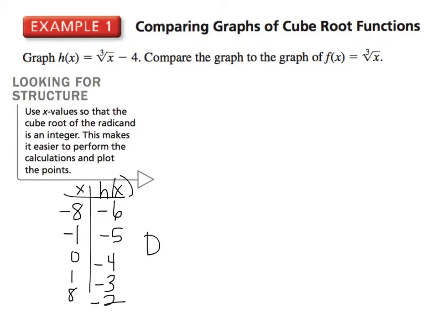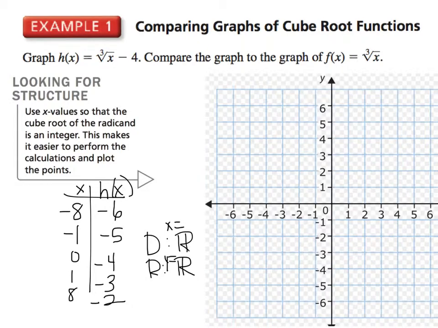Your domain and range are both all real numbers. Actually, I should do x equals all real numbers and y equals all real numbers. And I just graph it. -8, -6. -1, -5. 0, -4. 1, -3. 8, -2, which I ran out of room for.